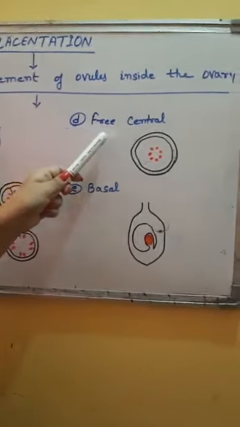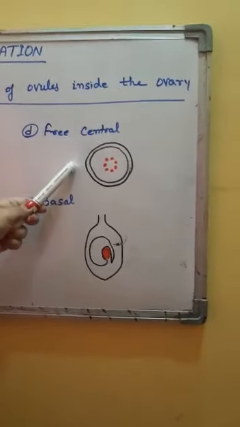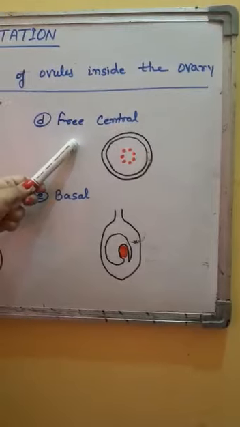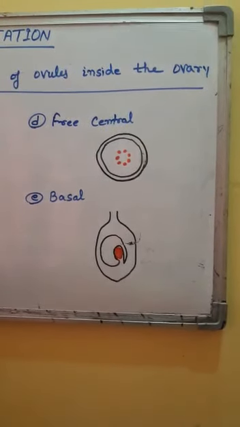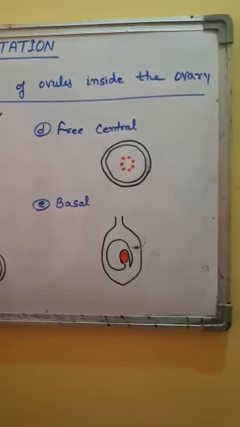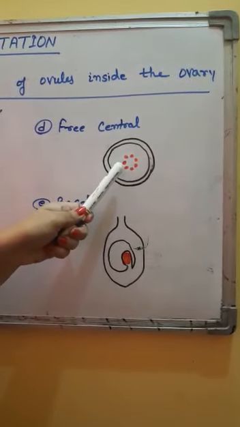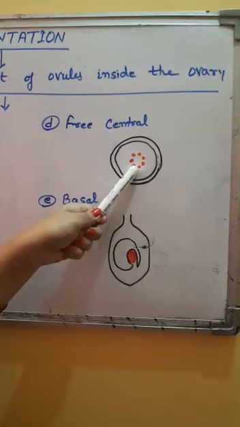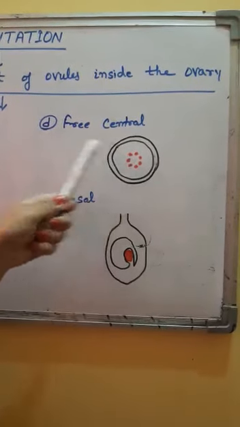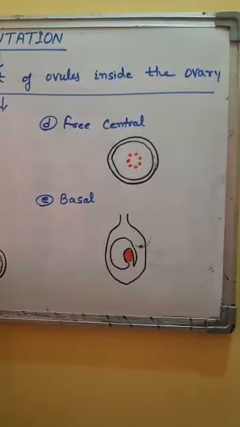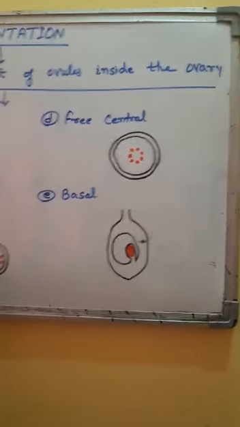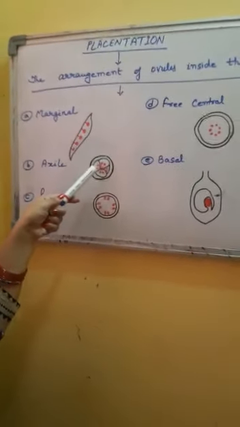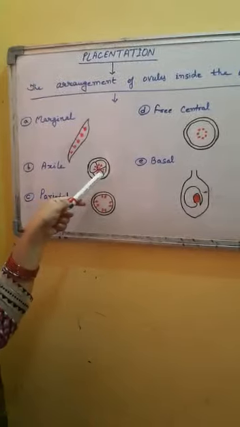The next one is called free central. This is called free central placentation. In this placentation, the placenta or ovules are present at the center, but the partition wall is absent. You can see in axile also the ovules are present in the center, but it is partitioned into various chambers.